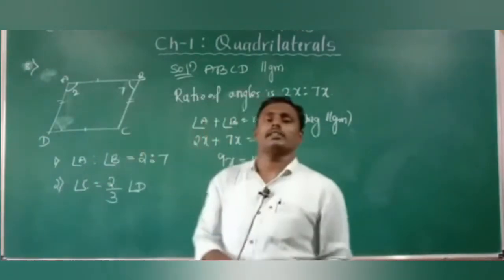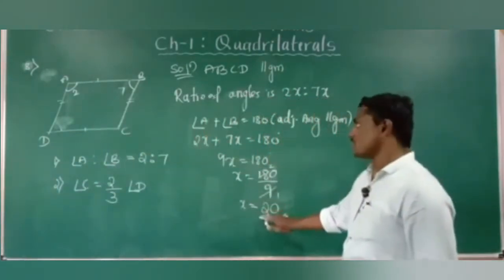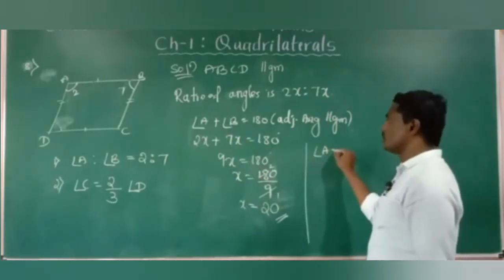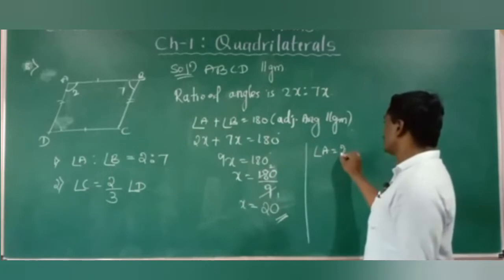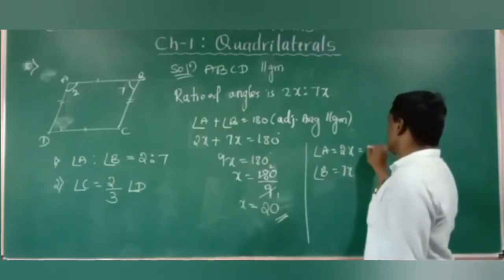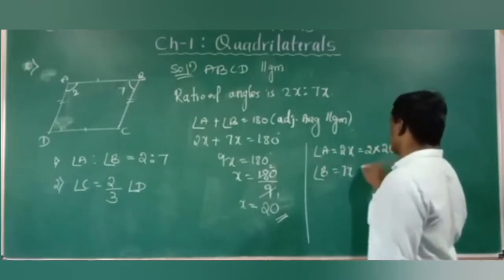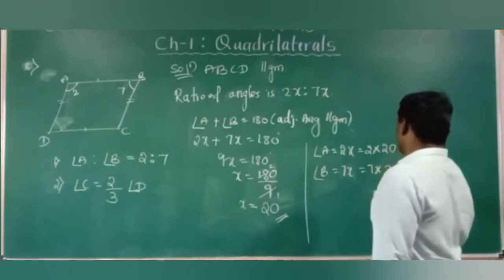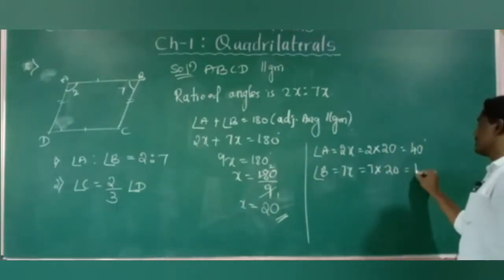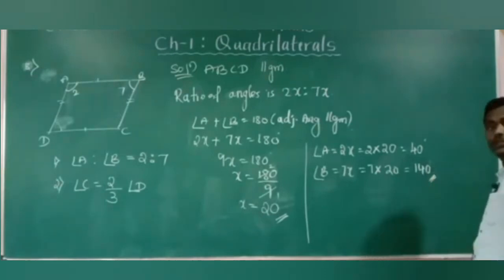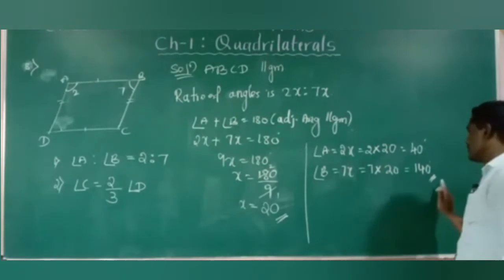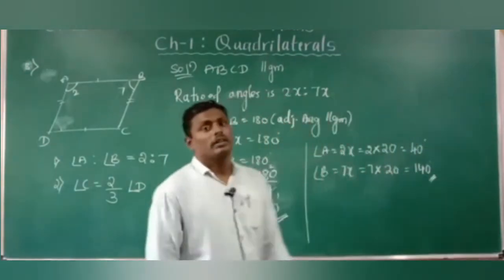Once you find the x value, just multiply the x value with the given numerical values. So angle A is 2x, and angle B is 7x. 2 into 20 is 40 degrees, 7 into 20 is 140 degrees. So angle A is equal to 40 degrees and angle B is equal to 140 degrees, right?